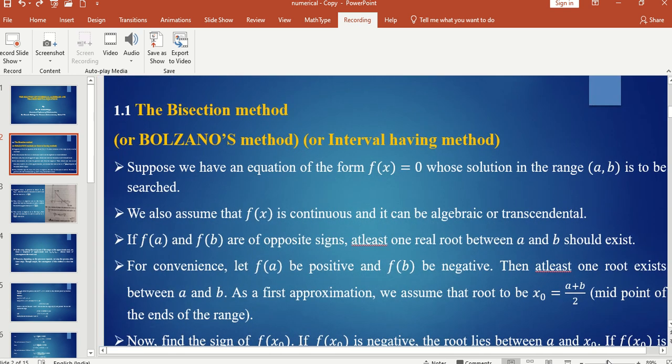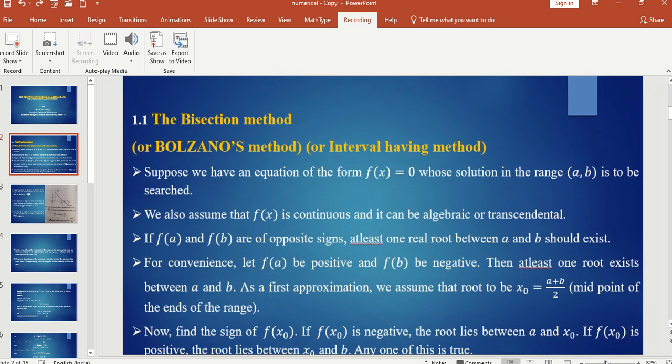The first method is the bisection method or Bolzano's method or interval halving method. Suppose we have an equation of the form f of x equal to 0 whose solution in the open interval a comma b is to be searched.